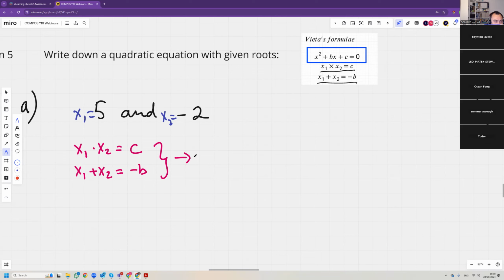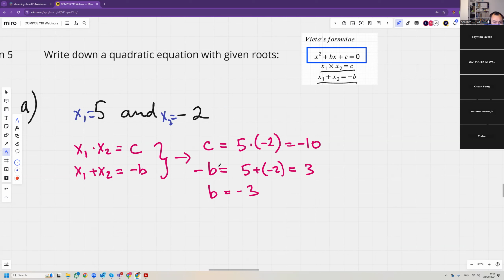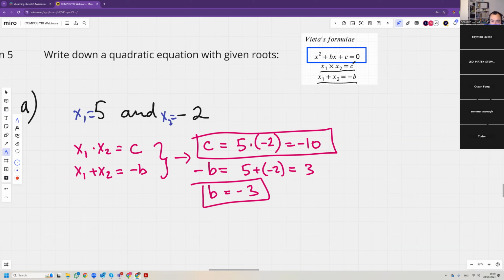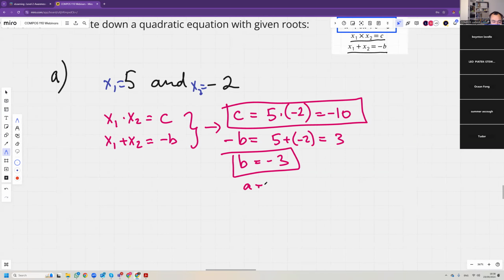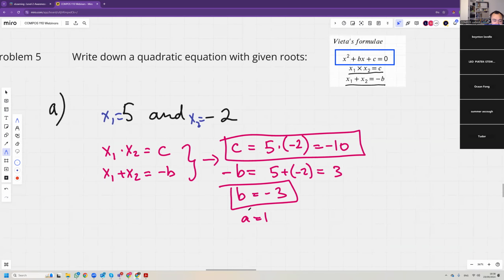So from here, c is 5 times minus 2, which is negative 10, and minus b is 5 plus minus 2, which is 3. So b is minus 3. So we worked out c is that, b is that, and a is 1 for this equation. A is 1.